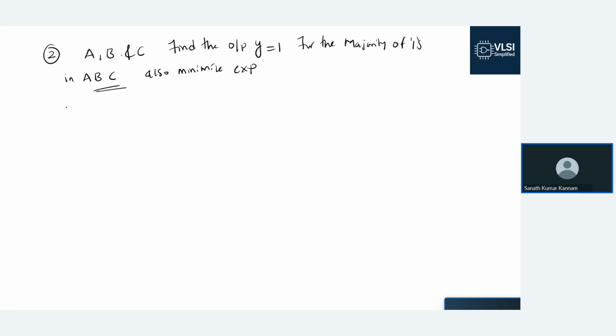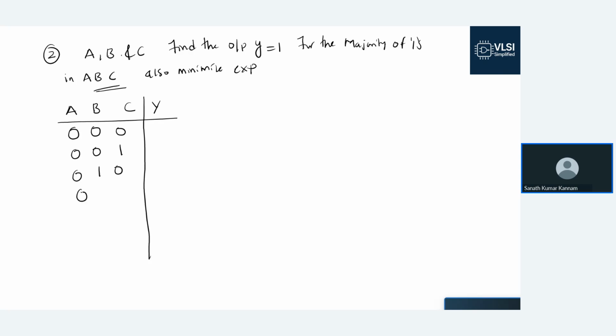Here three variables are there. How many combinations do you have? You have 8 combinations for A, B, and C: 000, 001, 010, 011, 100, 101, 110, 111. So majority of ones are 1, that means if two ones are 1, the output is 1, or at least three ones are 1.